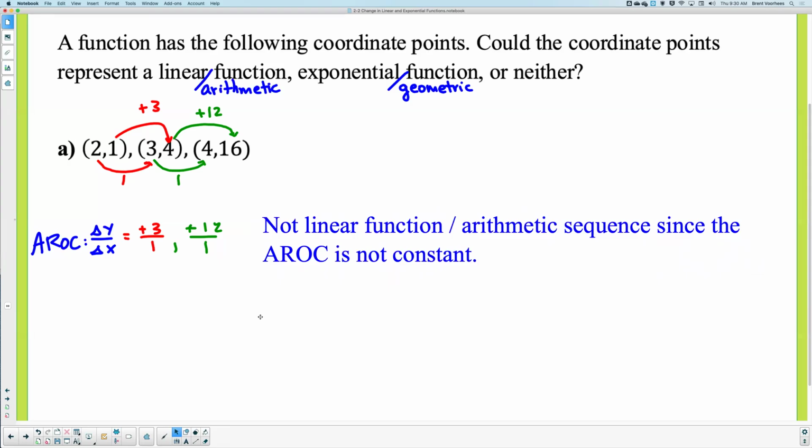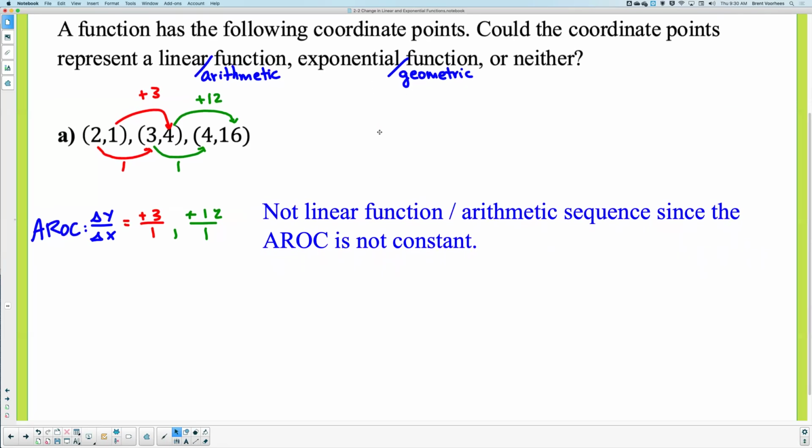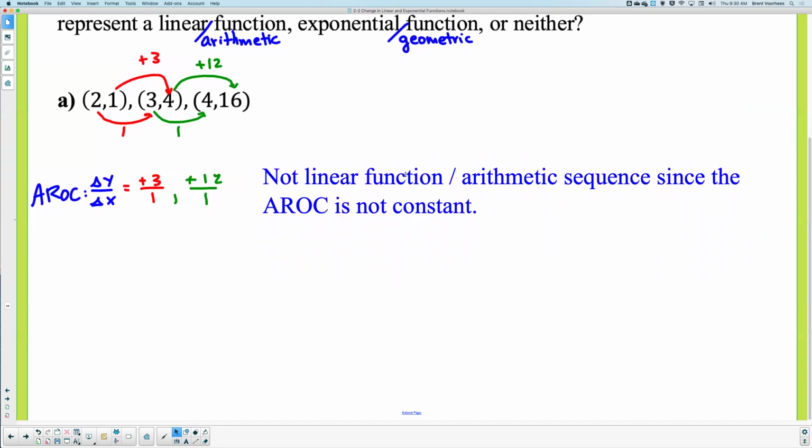All right, now let's talk about if it's an exponential or geometric function. I gave you a formula last time on lesson 2.1 for geometric. The formula was that you find what we call a common ratio, what we'll call today a base. I'm going to use base because that's what you see more often. The only thing different from last time is that I used an r.